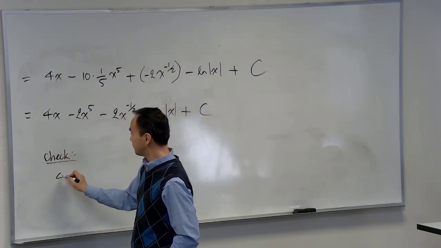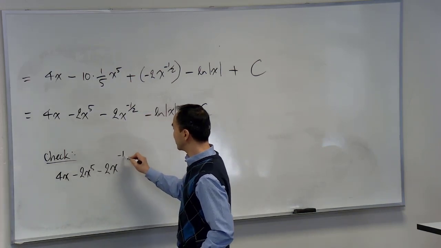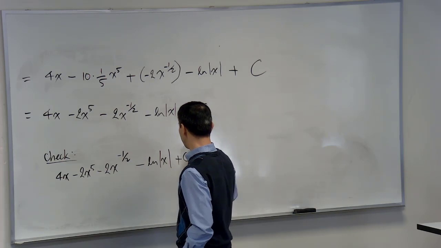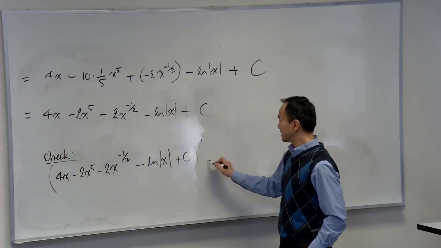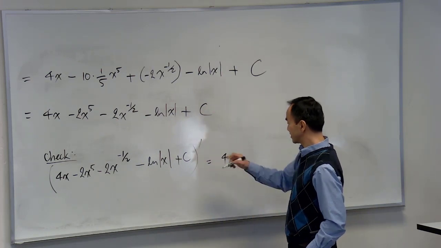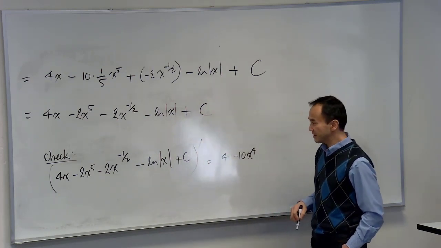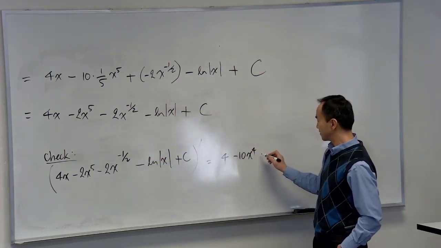Okay. So 4x minus 2x to the fifth minus 2x to the negative 1/2 minus natural log of absolute x plus c. Take the derivative. That's how we do it. First term comes out to be a 4. Next term is a minus 10x to the 4th, right? The power rule multiplies down. And then the minus 1/2 multiplied with that cancels out and makes the negative sign into a positive.